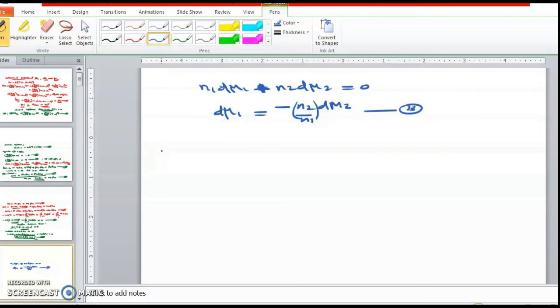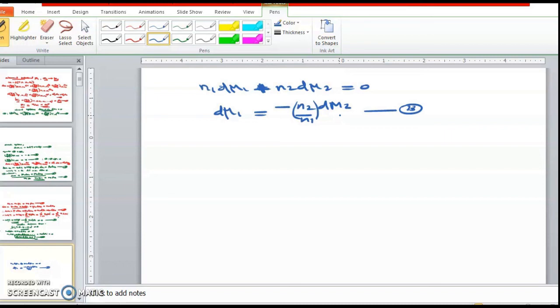By looking at equation 13, we can say that a variation in the chemical potential of one component of the system brings a variation in the chemical potential of the second component. So when the chemical potential of one component of the mixture is changed, the chemical potential of the other component also changes.